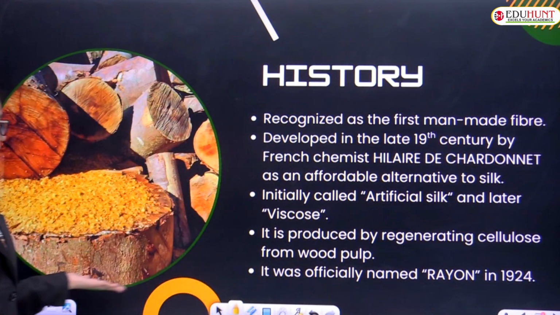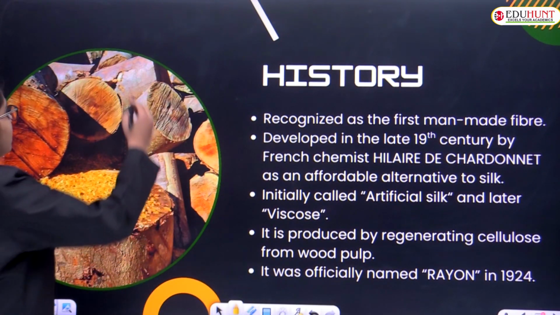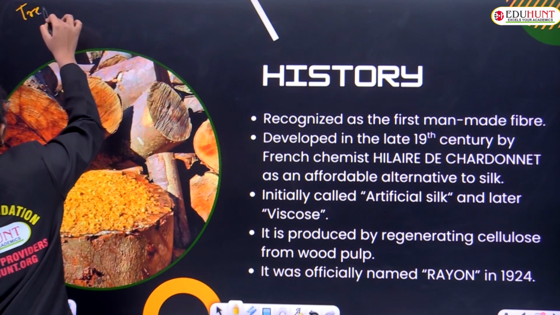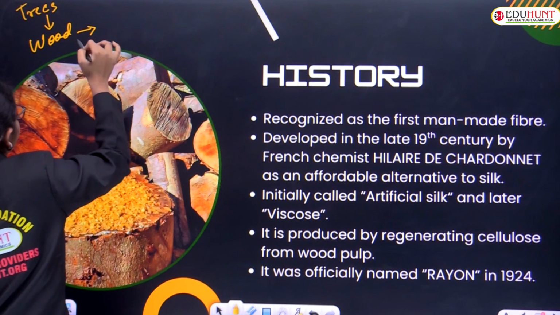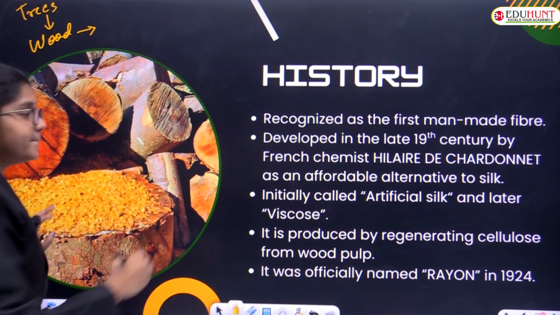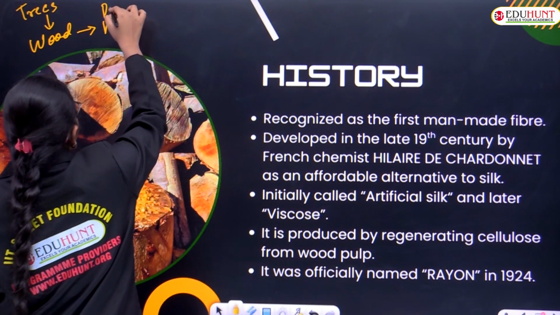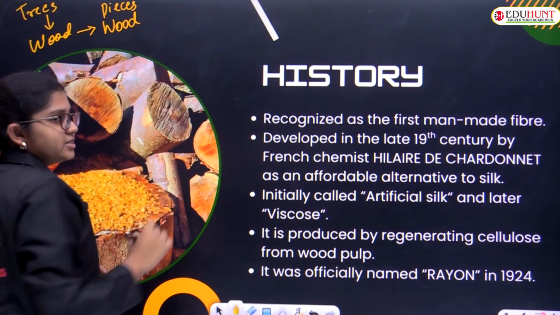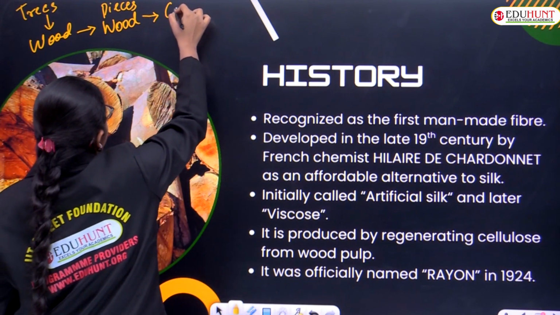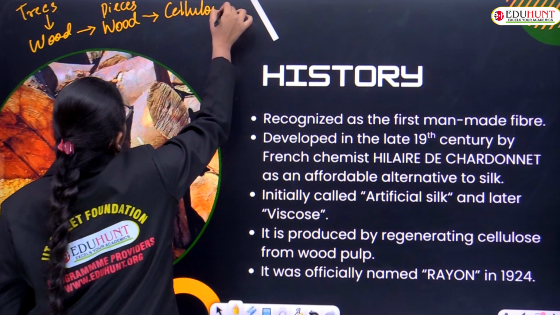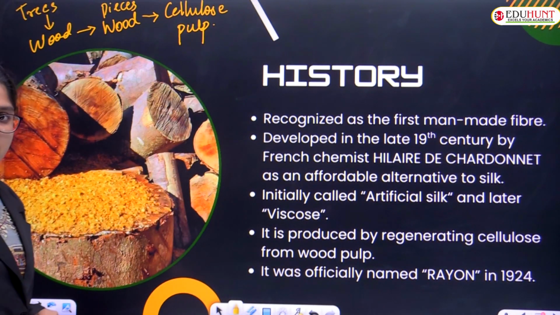If you see the wood pulp over here, these are trees, the wood cut from trees. From trees we obtain wood, and then the wood is crushed into pieces, and after processing they obtain cellulose pulp from the wood.